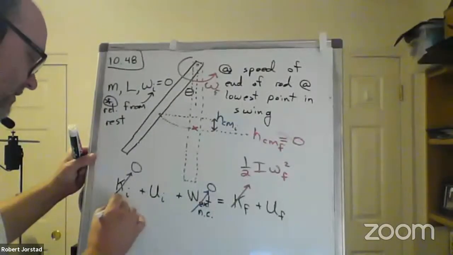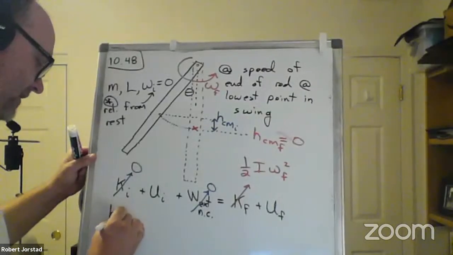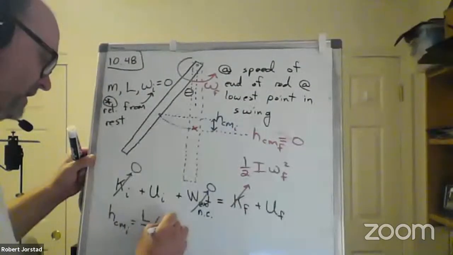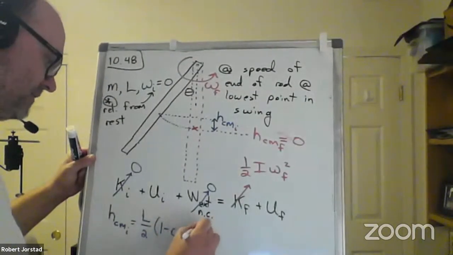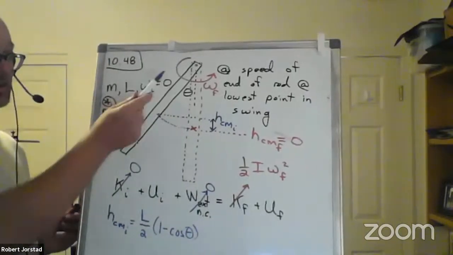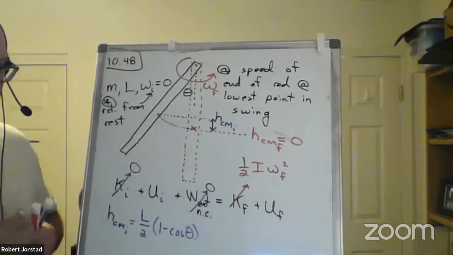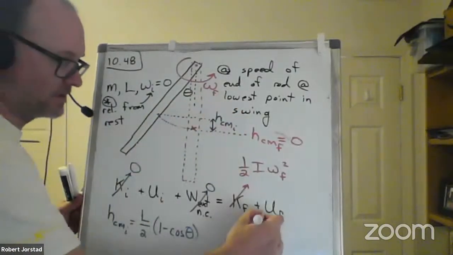L/2. So what's this height? L/2 times 1 minus cosine. Yep. So height, center of mass initial is equal to L/2 times 1 minus cosine theta. That's the initial height. And what's the final height then? That term drops out.